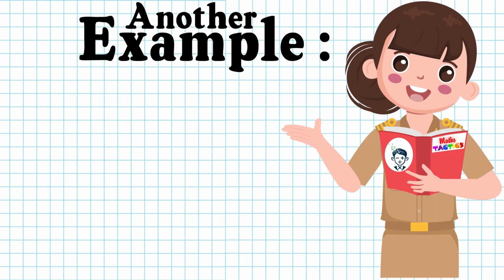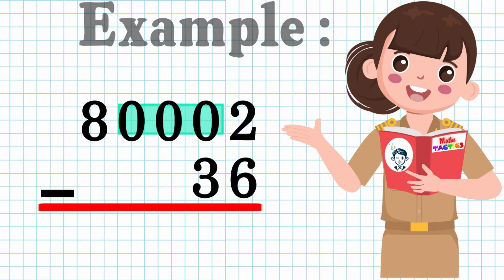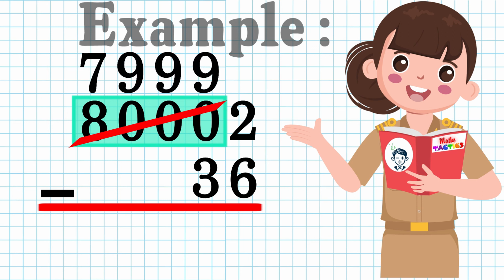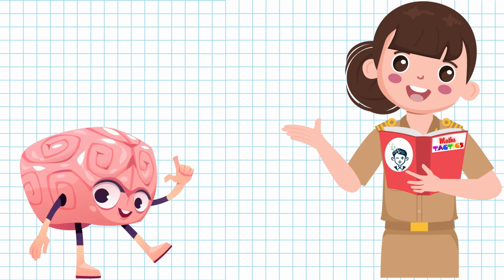Another example. 80,002 minus 36. Here, you will take 8,000 as a whole, take 1 away from it and make it 7,999. I hope you have got the idea.